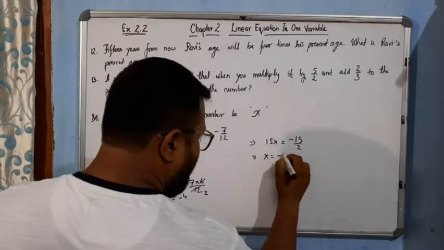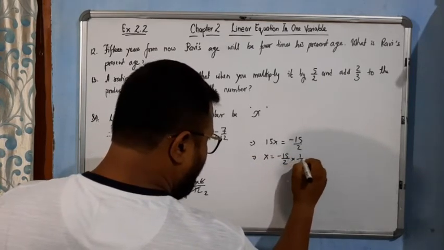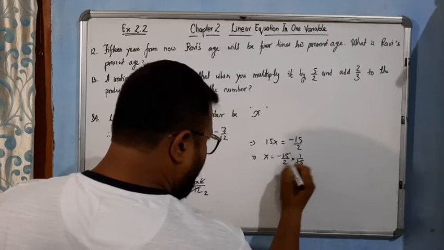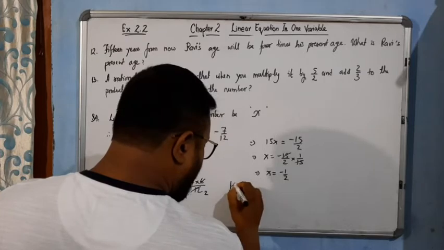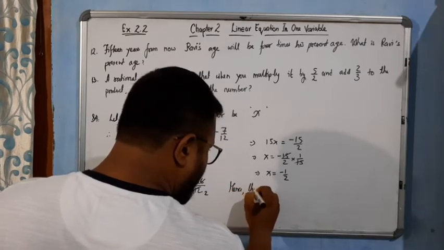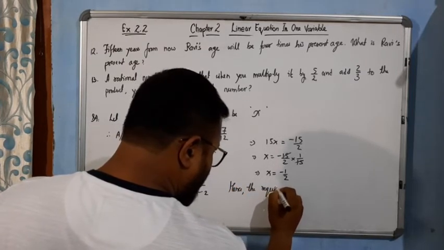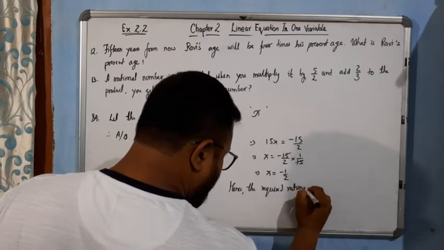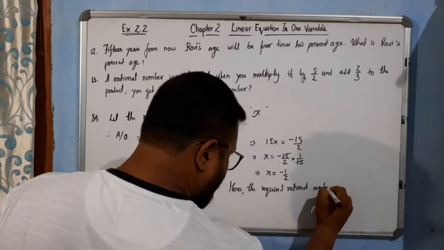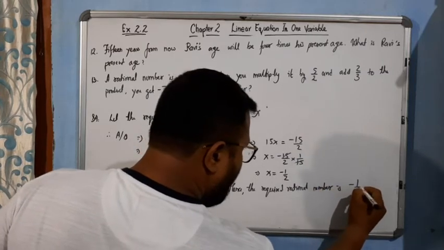So x equal to minus 15 by 2 into 1 by 15, the 15s cancel, minus 1. So x equal to minus 1 by 2. Hence, the required rational number is minus 1 by 2.